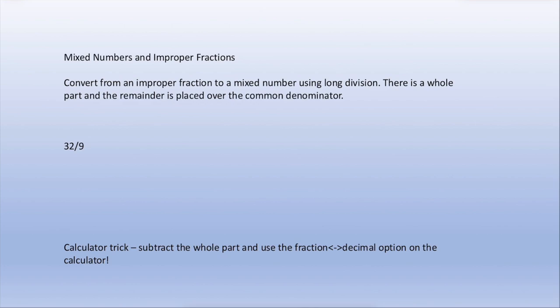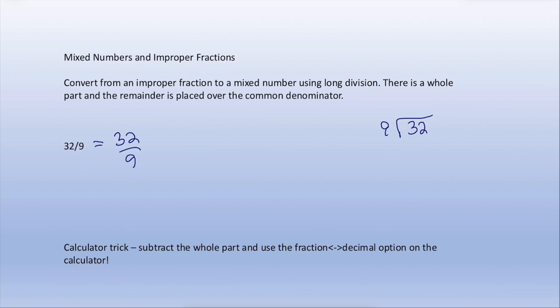It says to convert an improper fraction to a mixed number using long division, there's a whole part and a remainder part is placed over the common denominator. We had done one like this, but I'll show you the calculator trick as well. So this is 32 over 9. Let me rewrite it because I don't like the way that looks.